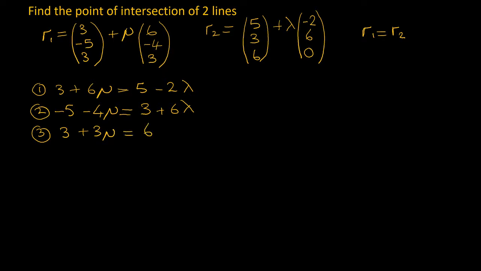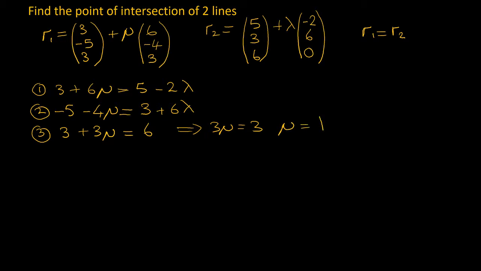So in this case 3 is the obvious choice to start with because solving that will give us mu. So this will lead to 3 mu equals 3, and therefore mu equals 1.